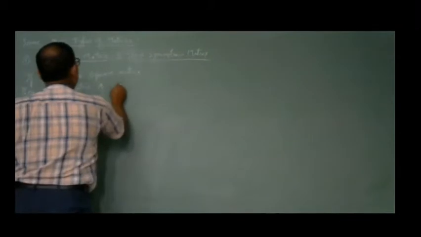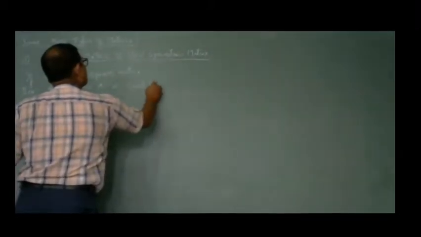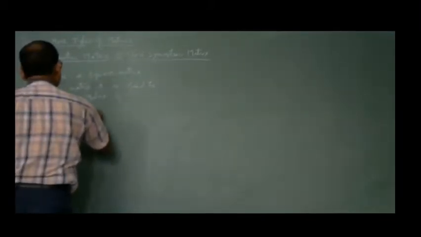If A, capital A, is a square matrix, then this matrix A is said to be a symmetric matrix if the transpose of matrix A is equal to A, or A transpose is equal to A. I have shown it with the help of an example.